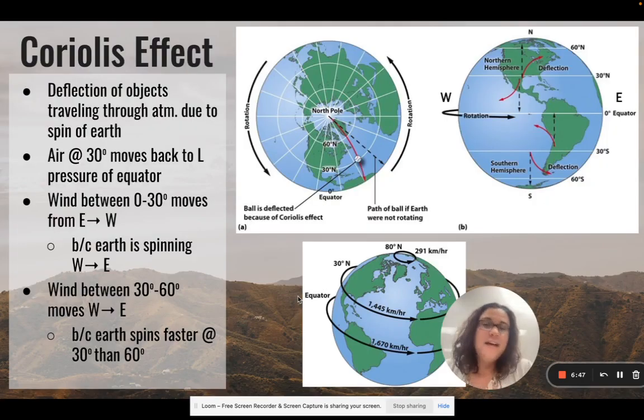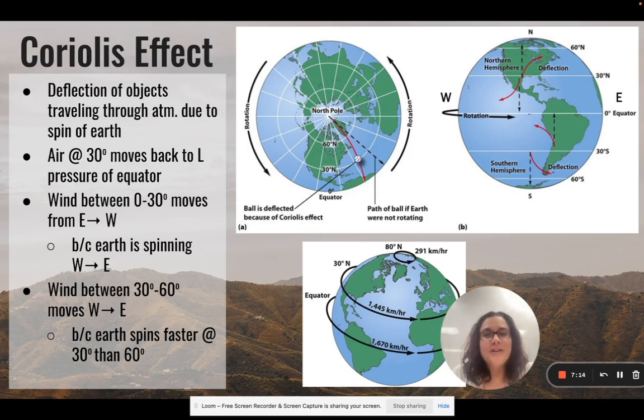All right. Now, if that wasn't enough, we also have to add in the fact that the Earth is spinning, right? So these big cells would be fine, except that we're spinning. So air, we know it's moving back to the equator, but it's also, because the Earth is spinning, moving in a west to east direction, okay? Again, gets a little more complicated.